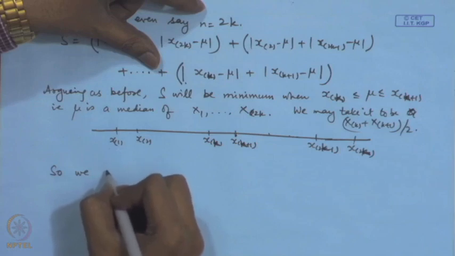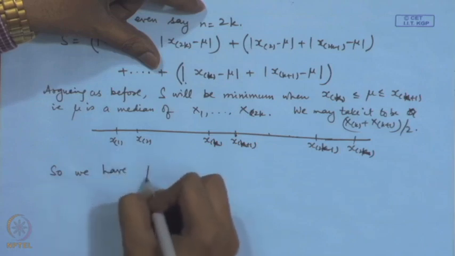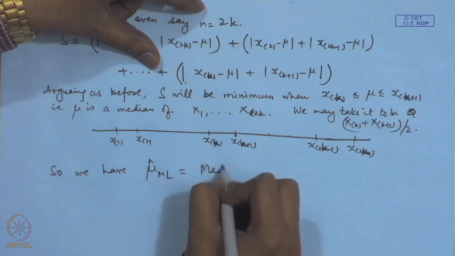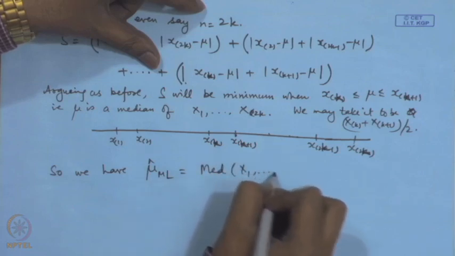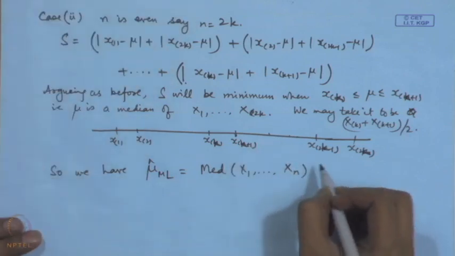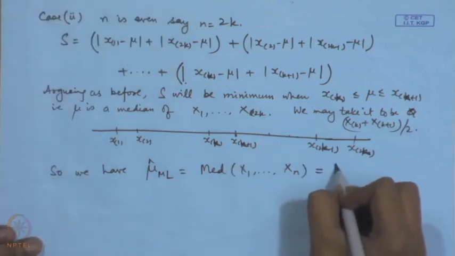So, we have mu hat m l equal to the median of x 1, x 2, x n. In both the cases we are getting median, we denote it by say m.